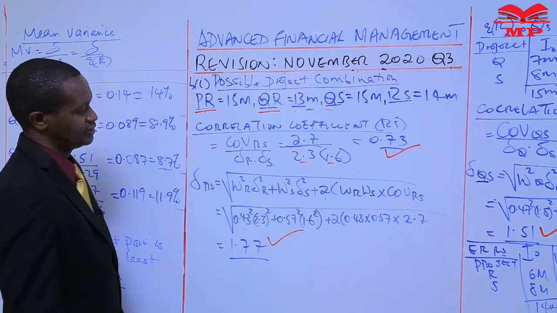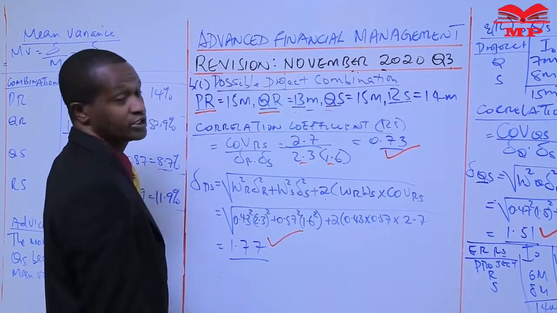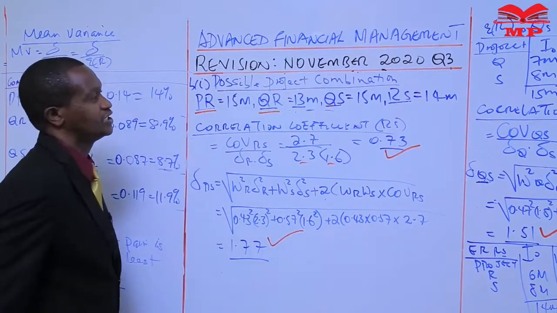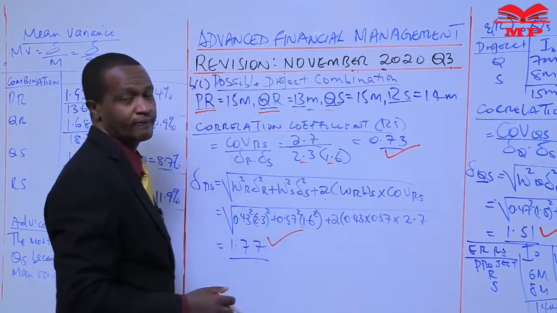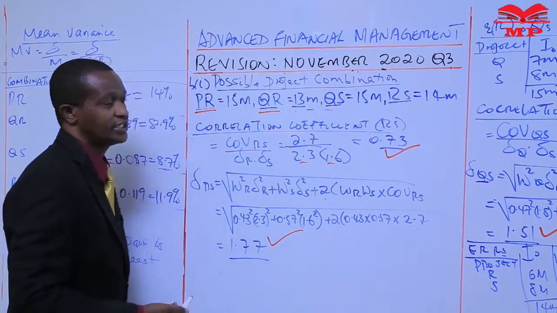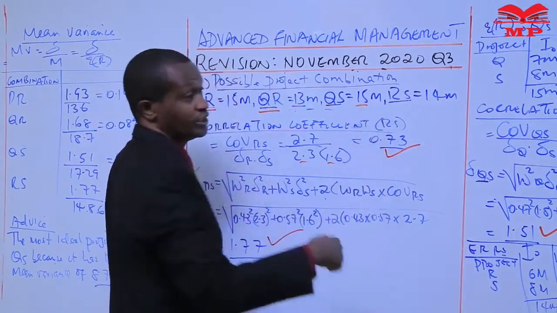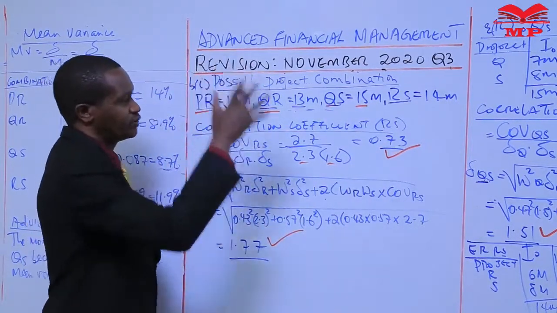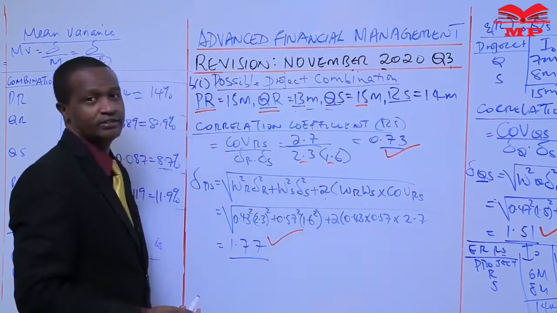All right. And before calculation of the correlation of coefficients, it was important in this question for the candidate to first of all identify the possible project combination. Because we read in the question that this company had a limit of 15 million shillings to invest in various projects that we were provided the initial capital outlay.